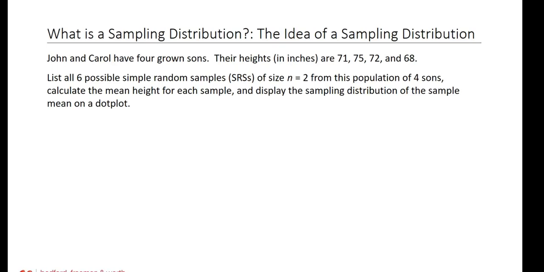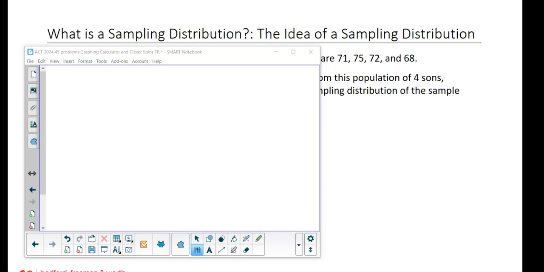Now, for some reason, instead of just finding the average height of the population, which would be pretty easy because we know the whole population, we're going to take samples of size 2, and in this case, all 6 possible samples of size 2. So we could choose 71 and 75, those are the first two choices. 71 and 72, first and third, 71 and 68.